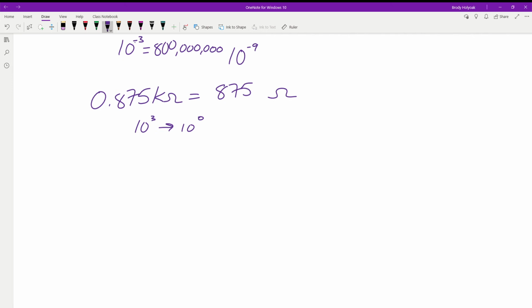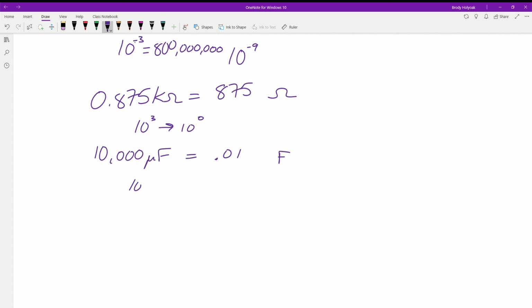Another common one that you guys are going to see is 10,000 microfarads is equal to how many farads? 0.01?